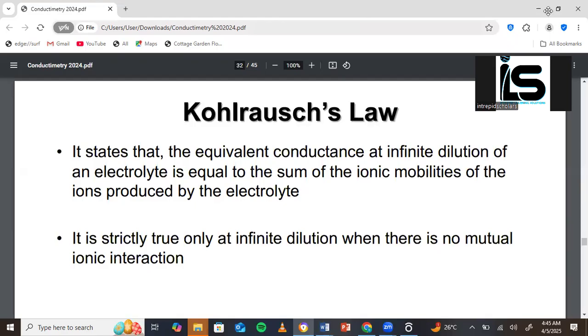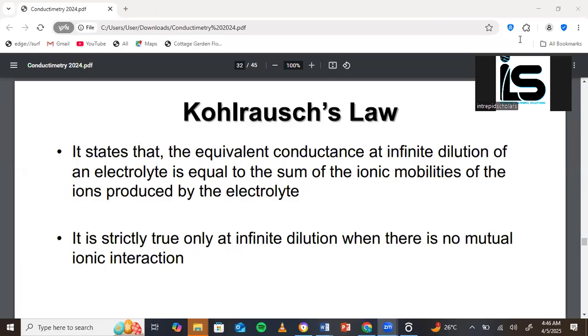Let me repeat. It says that the equivalent conductance at infinite dilution of an electrolyte is equal to the sum of the ionic mobilities of the ions produced by the electrolyte. Now, before I explain it, let's read the next point.